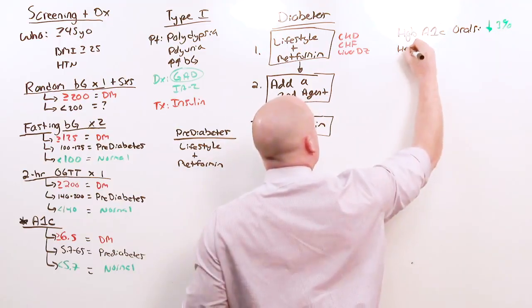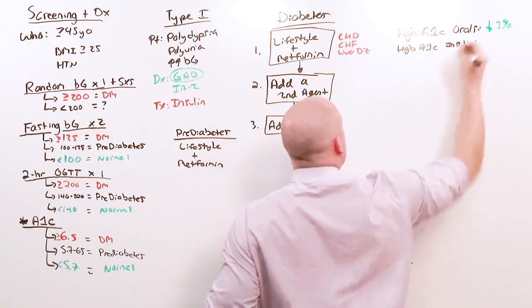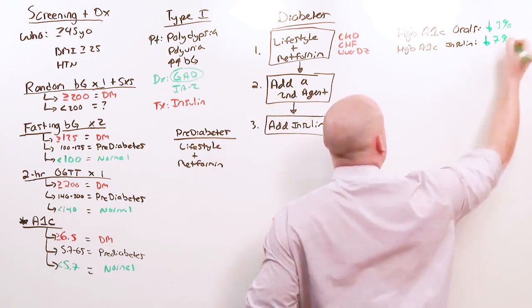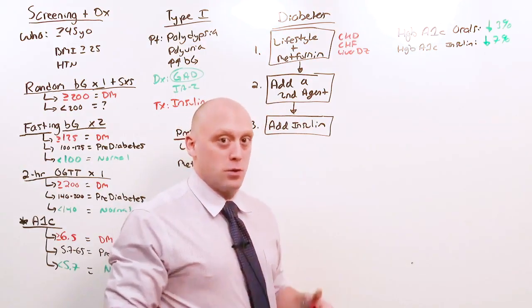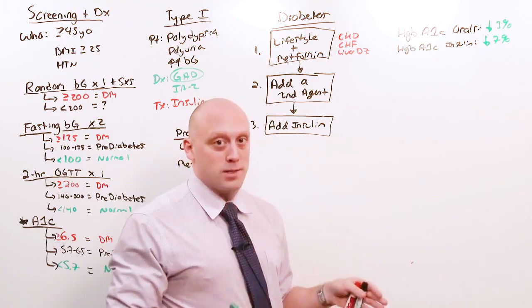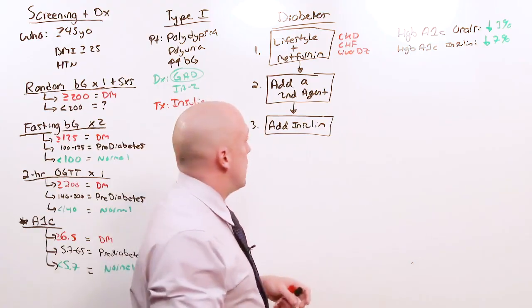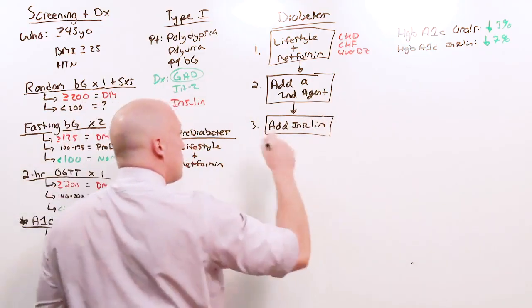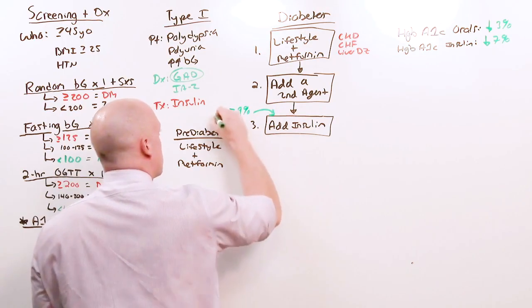And the hemoglobin A1C with insulins will fall about 7%. Now you can get a major change on the A1C, but you're going to have to do more than just insulin if you're going to get their A1C down to goal. If they need to move more than 7 points, they're also going to need to do something else like major diet and exercise, lifestyle changes. Which means that if your A1C is greater than 9%, you're going to start at insulin.